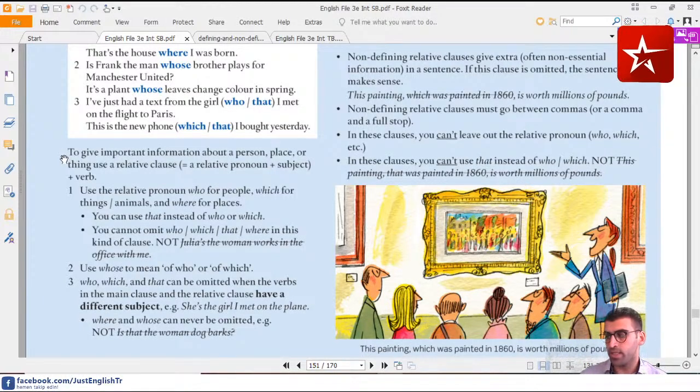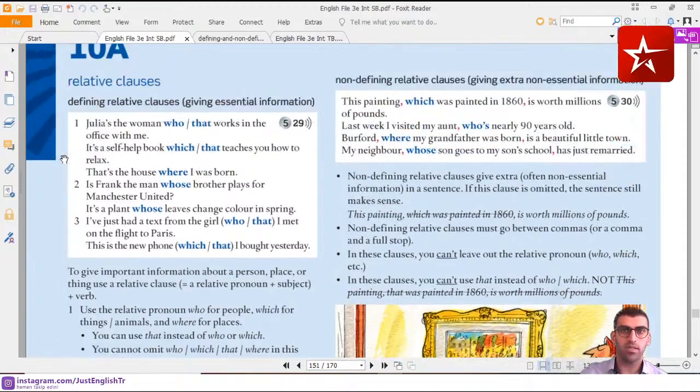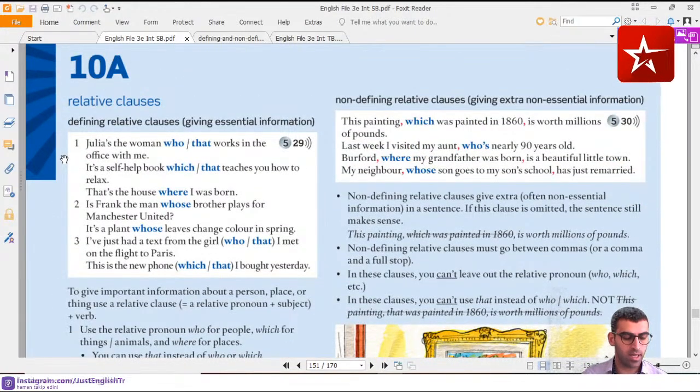This is about the defining relative clauses, and let's continue with non-defining relative clauses, giving extra non-essential information, as you see from my screen. We use them for giving non-essential, unimportant information. Like this painting, which was painted in the 1860s, is worth millions of pounds.